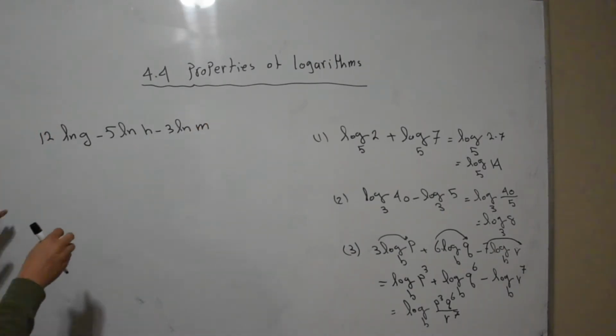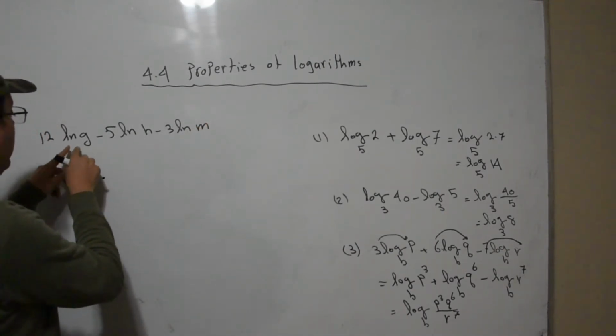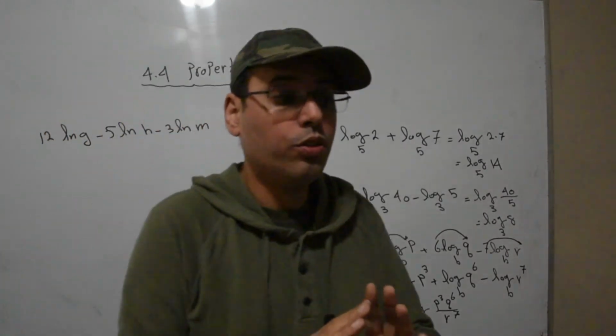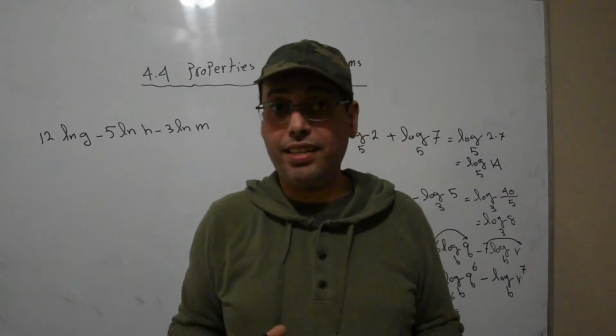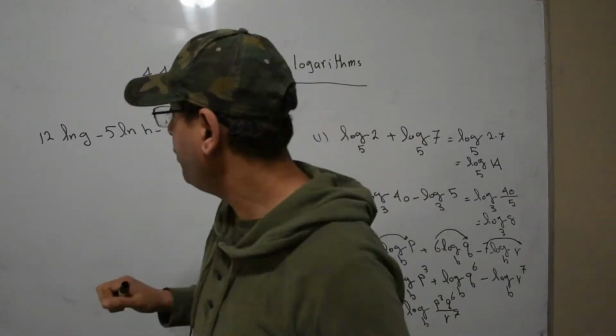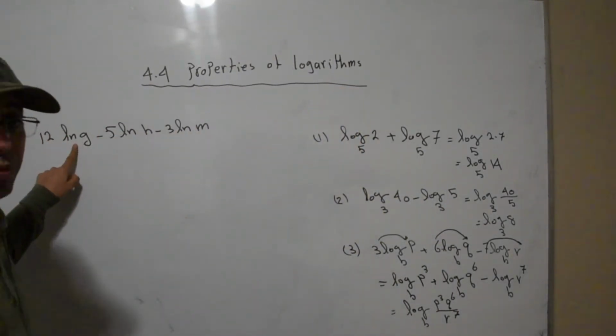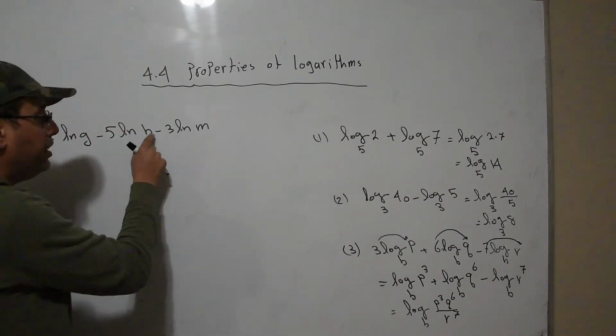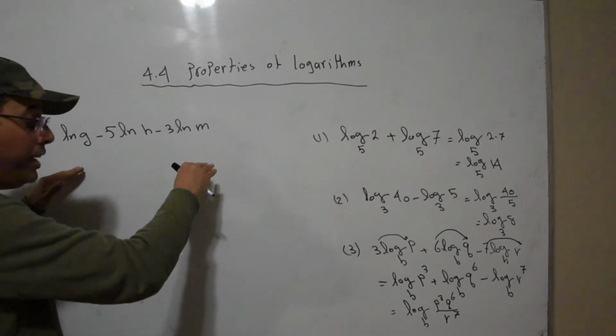Again, natural log follows the same rules as log. But watch, the base here, if you remember from the last time, the base here is e. So here's e, e, e, the same base.